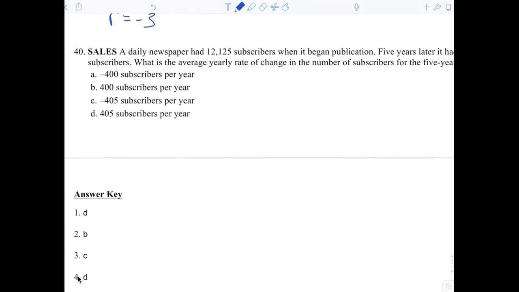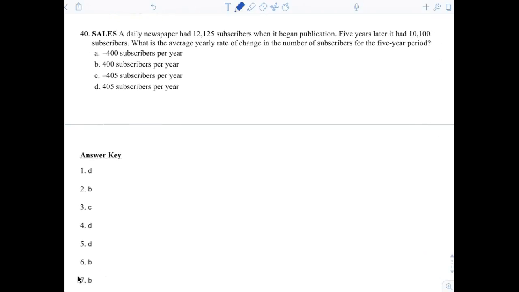We get out of here in 2 minutes. Here we go. It says a daily newspaper had 12,125 subscribers when it began publication. 5 years later, it had 10,100. What is the average? Now, is it going up or is it going down? Going down. So we know it can't be 400 or B or D, right?